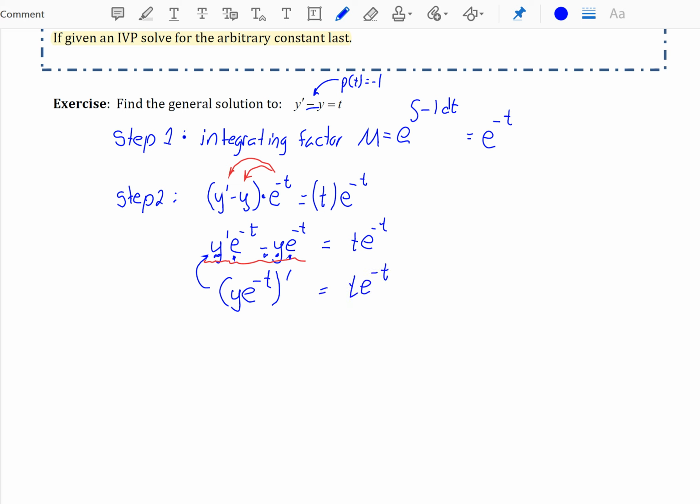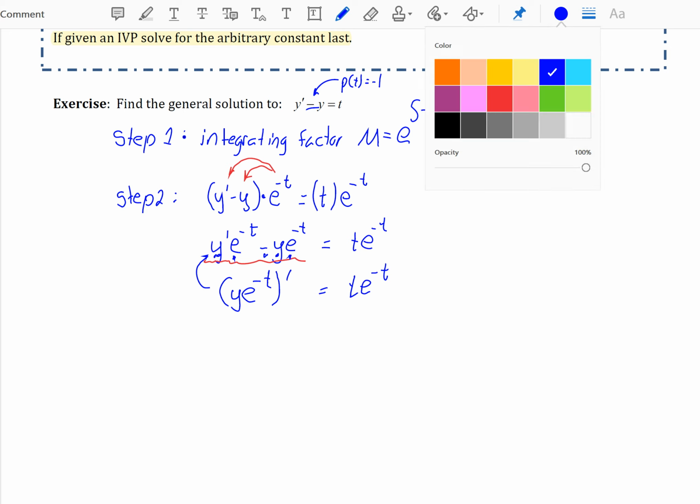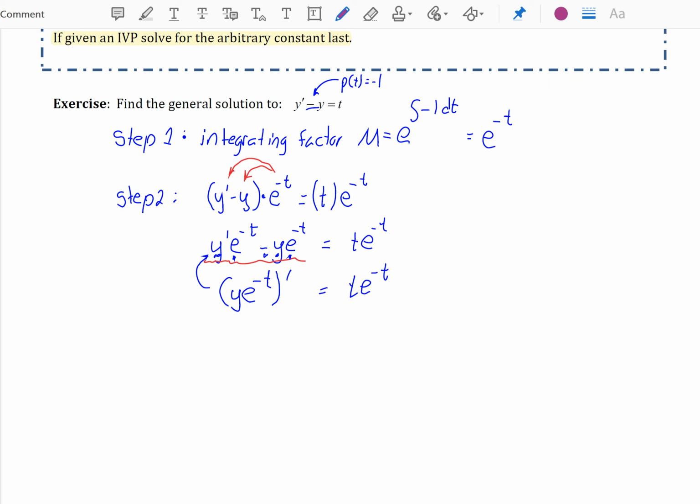Okay. From this point, we're now ready to integrate each side of our differential equation with respect to t. Of course, on the left-hand side, when you integrate the derivative, those being inverse operations, just leaves y e to the -t. And while technically there's a constant, I'm not going to write it because there's also going to be a constant on the right-hand side that we'll use and combine together.